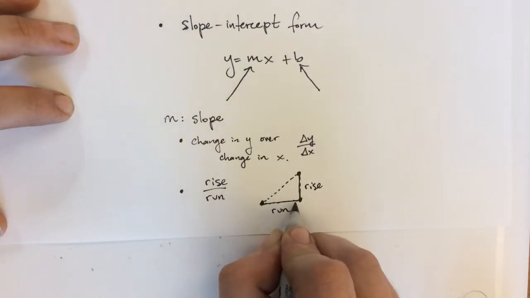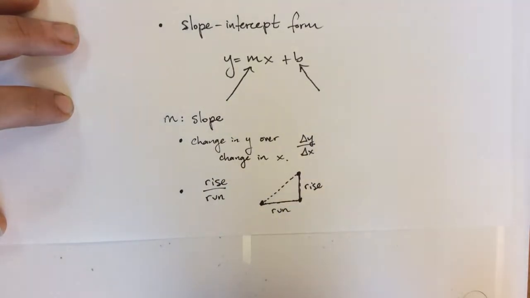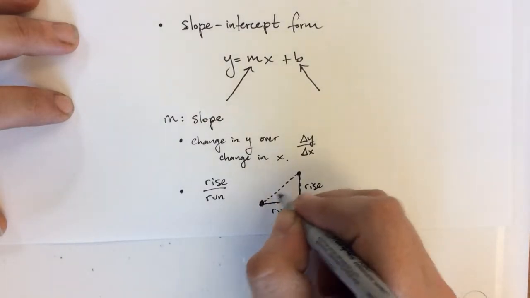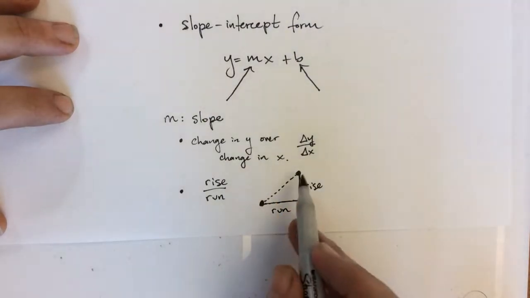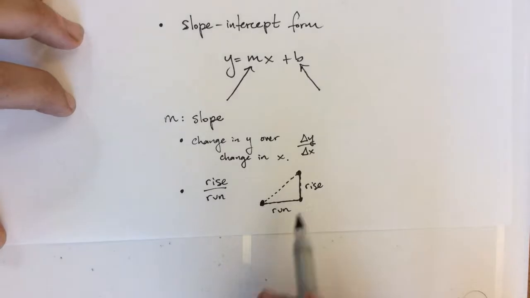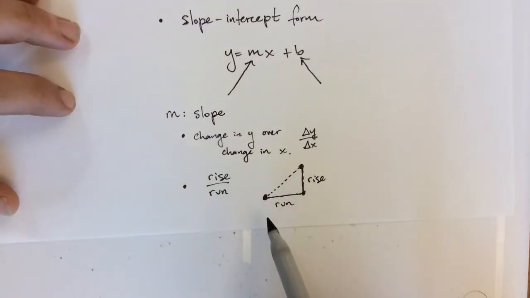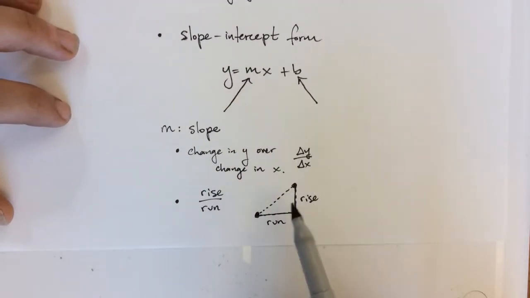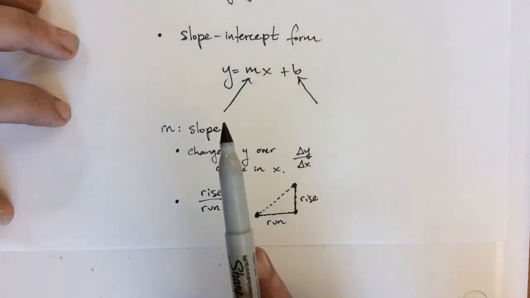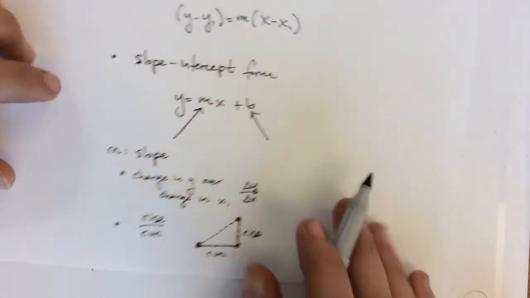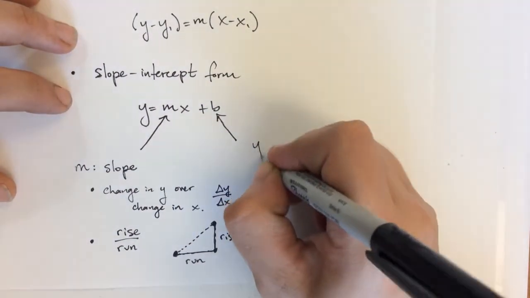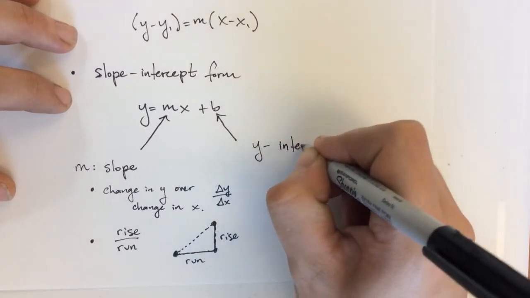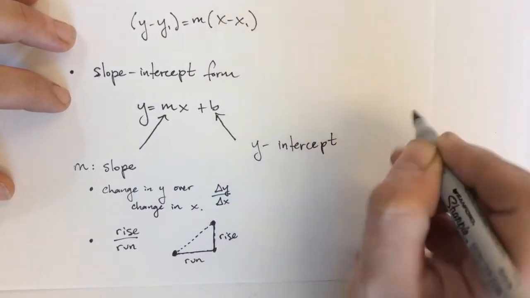So I run this much, I rise that much to get from here to here. So let's think about a line that has 2 points like this. We'll find the slope of the line and then we'll write the equation. I suppose first I should talk about b, which is the y-intercept of the line.